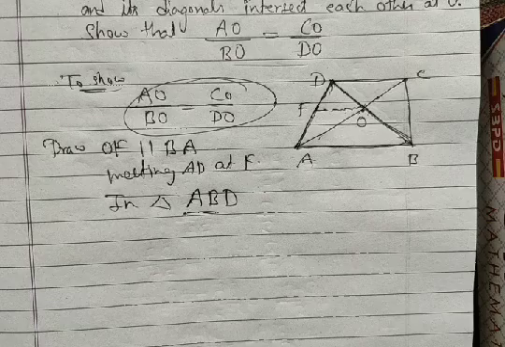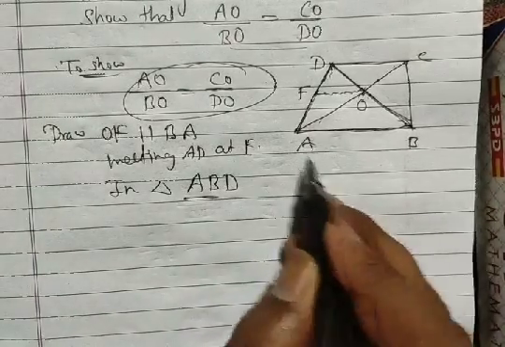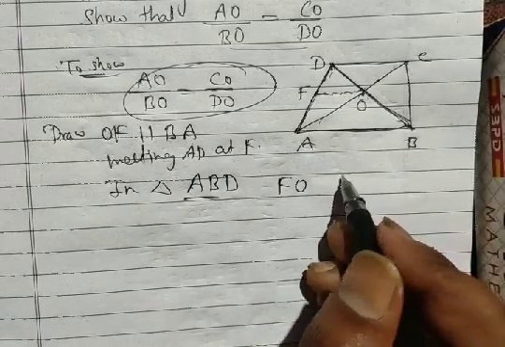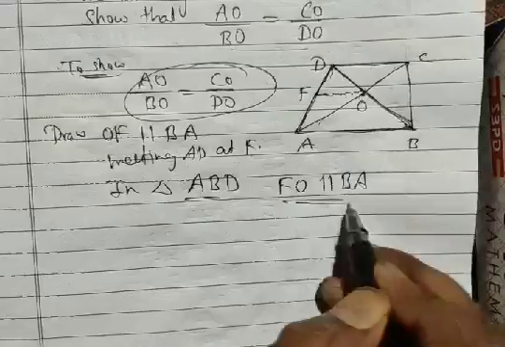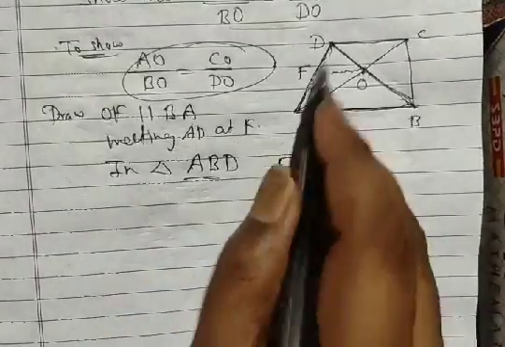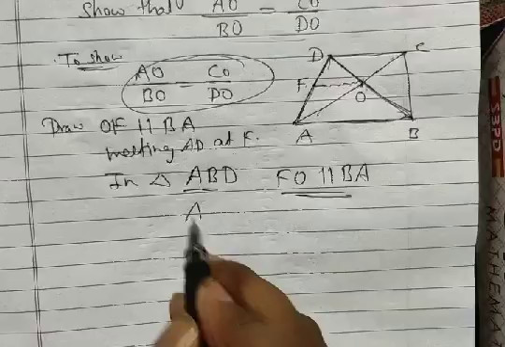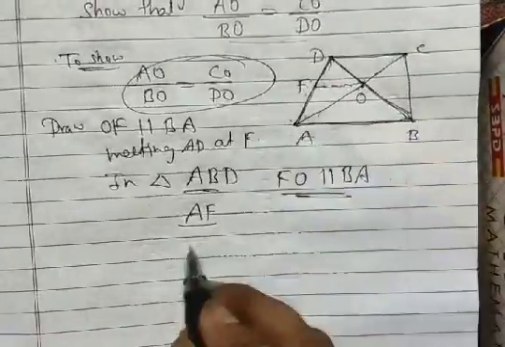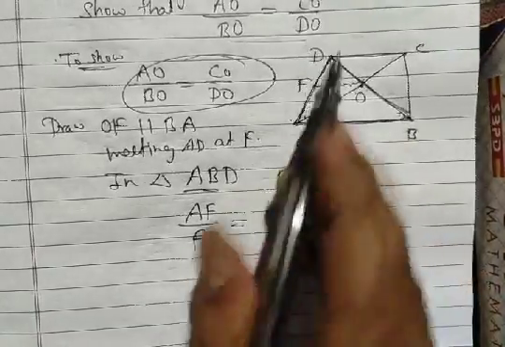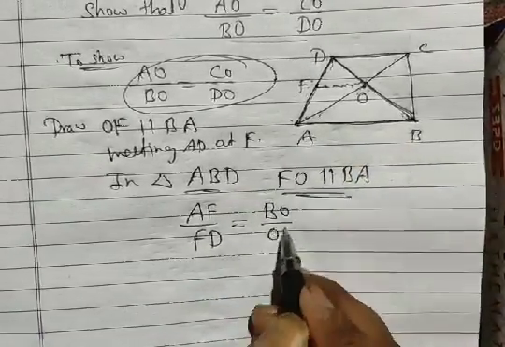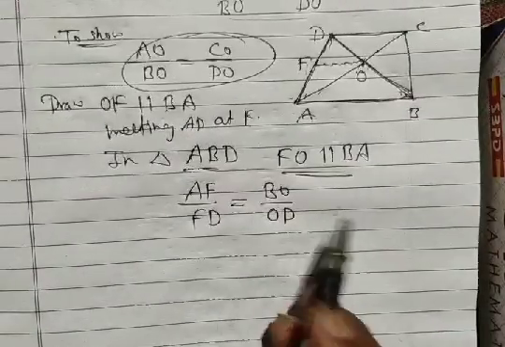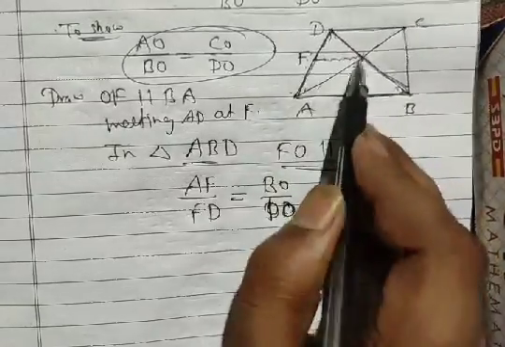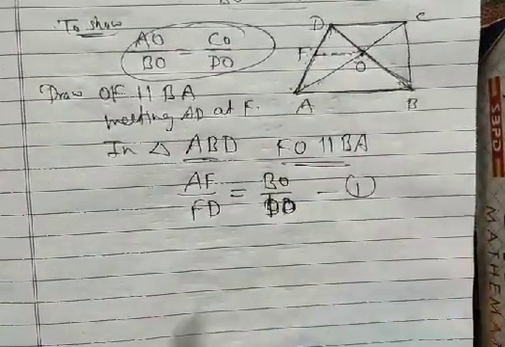Then by the basic proportionality theorem, we have AF is to FD equal to BO is to DO. Take this as equation 1.